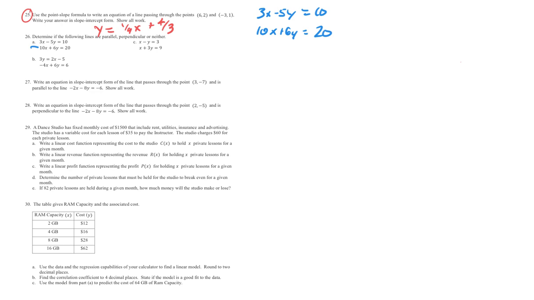This first one, subtract the 3x from both sides, so we'll have -5y is equal to 10 minus 3x, and we'll divide by -5 on both sides. That will simplify to 3/5 x minus 2.